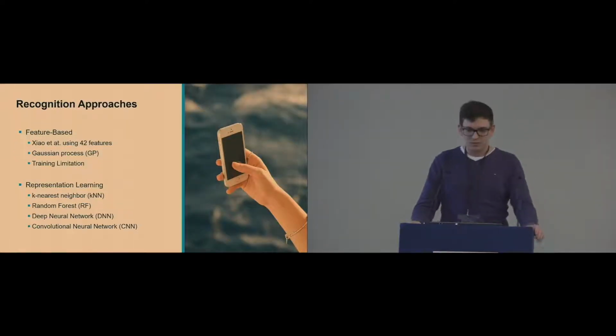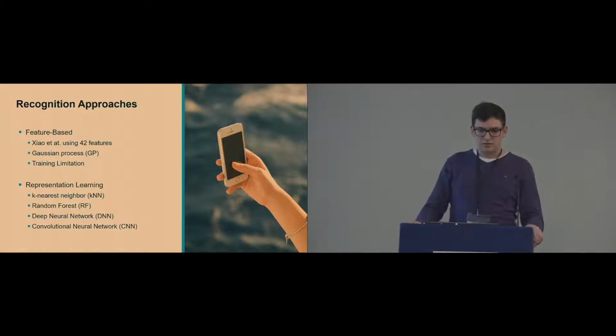Going back to what's out there, what Xiao et al. did was use this capacitive matrix and extract, in the paper, 42 features, which they then fed into Gaussian process models to estimate the finger's pitch and yaw.